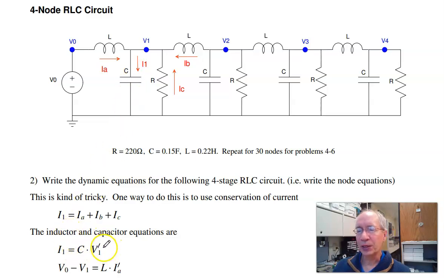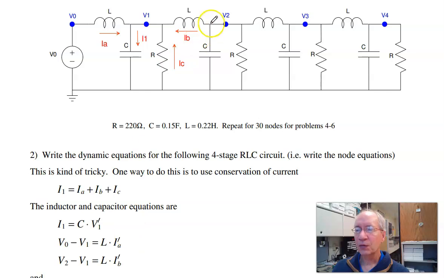And here I'm using prime to indicate derivatives. It's a little bit more convenient. So the derivative of V1 times C equals all these currents. For an inductor, I know the voltage across this inductor is L di/dt. Voltage across this inductor is L di/dt.